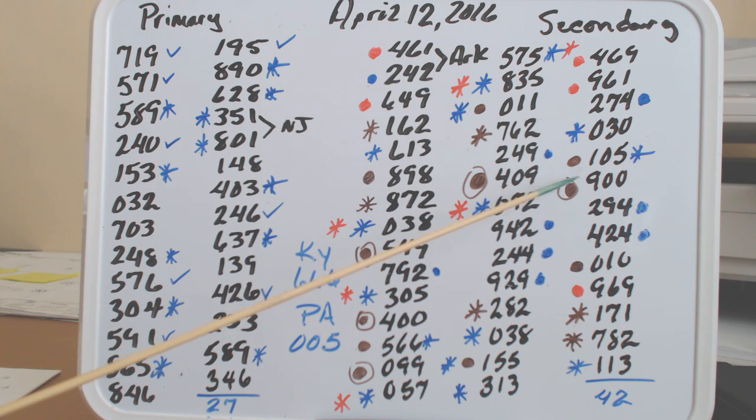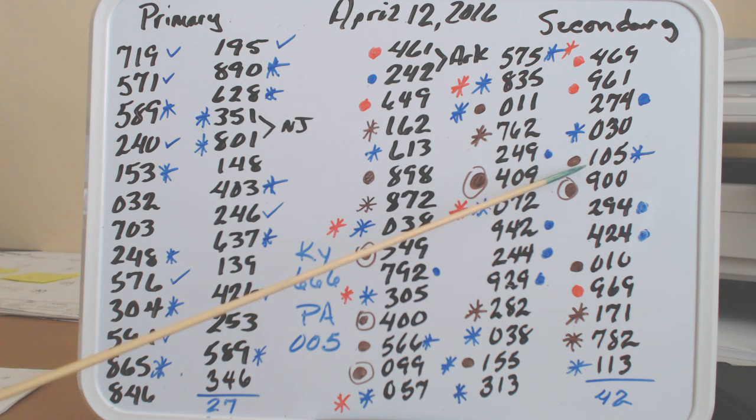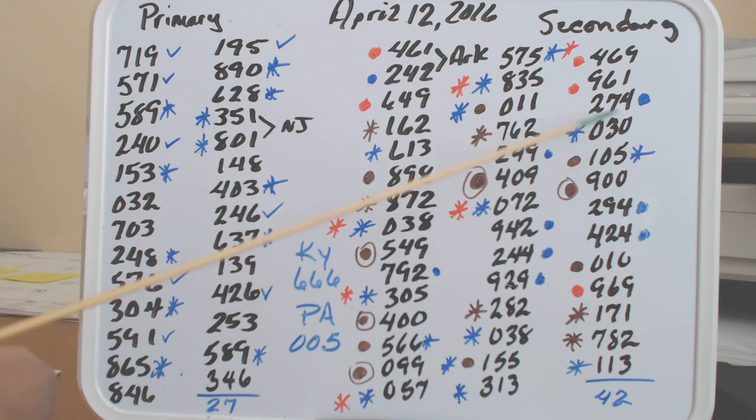The numbers that connect to it in brown dots or your 105, but they also connect with your 247. Okay? I'm not going to get off into that too much, but we do want to understand how numbers work by the color chart.